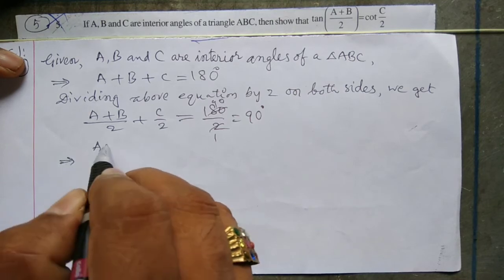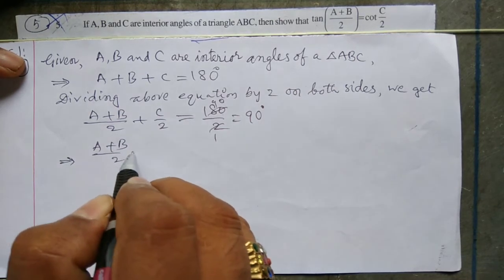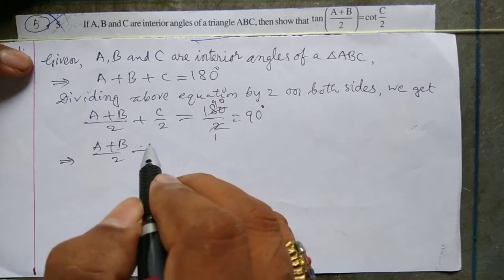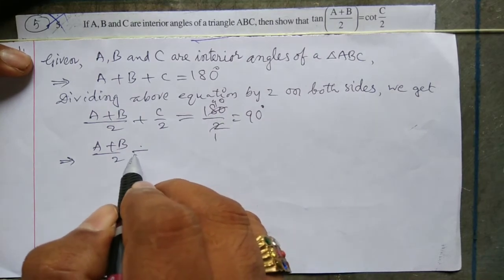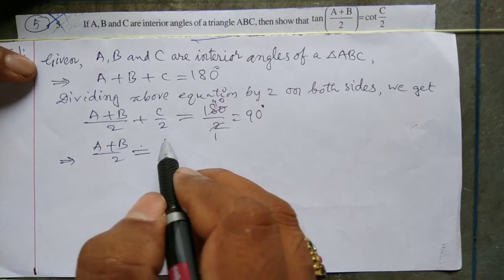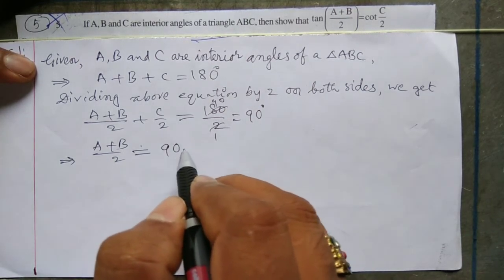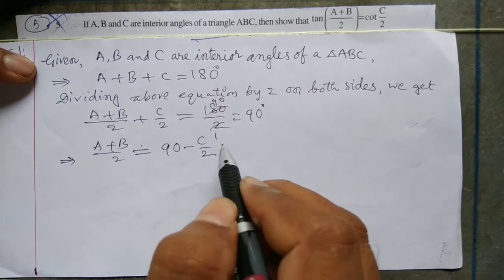Then (A plus B) by 2 is equal to 90 minus C by 2.